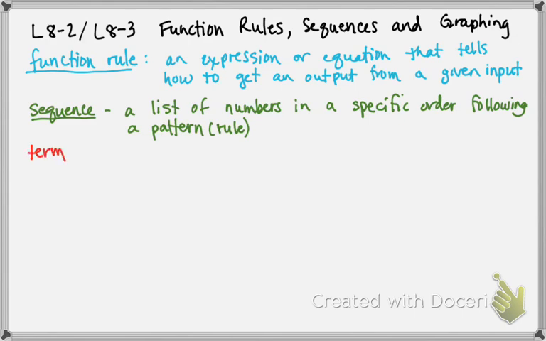We talked about this back in expressions and equations. Term is each number in this particular case in a sequence. When we were talking about terms before with expressions and equations, it was each part of the expression, the things separated by adding signs and subtracting signs, or in an equation, same thing.